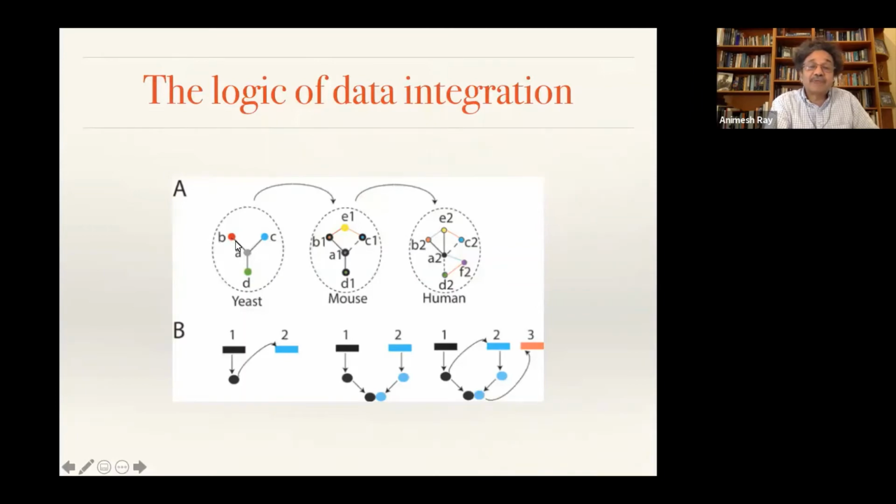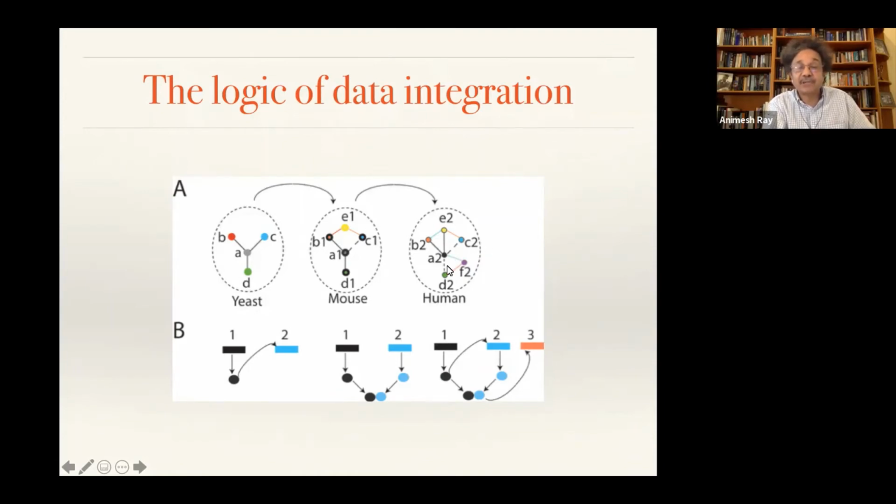Let's say you have genes A, B, C, D in yeast, which all interact with the protein A. Then do their homologs exist in mouse? And sometimes they do, sometimes they don't. And sometimes they have additional ones. And then from there, do they have homologs in humans?